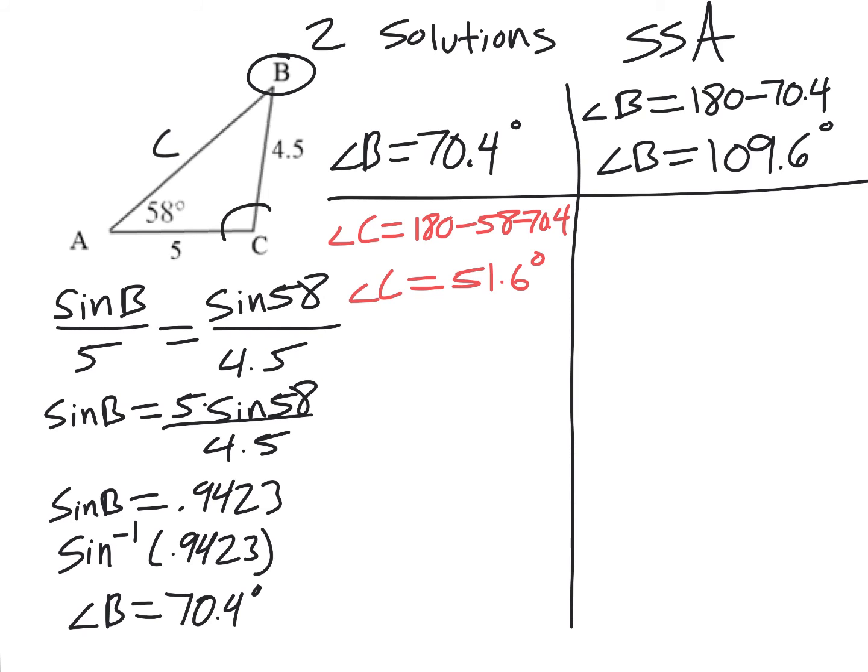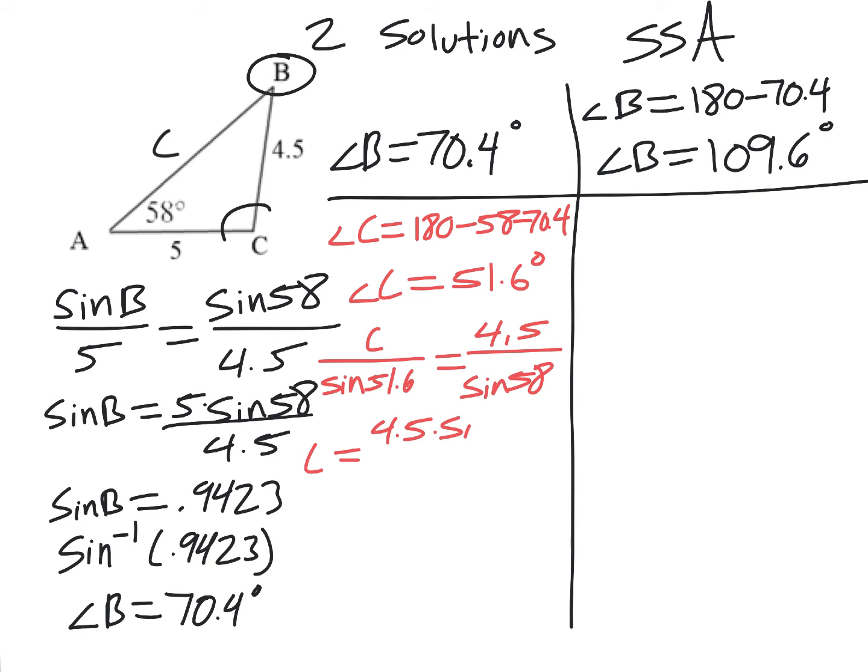There's angle C. Once I have that, I can do side C, putting it over sine of 51.6, and then we can use 4.5. Throw that right side into a calculator, and we'd see that side C is 4.2. No unit, so we would just call it 4.2.